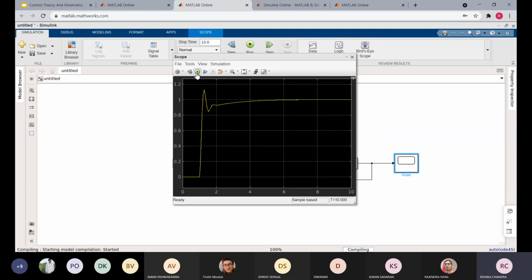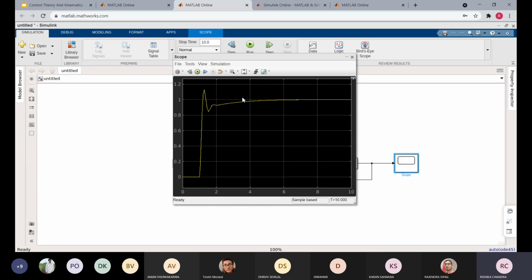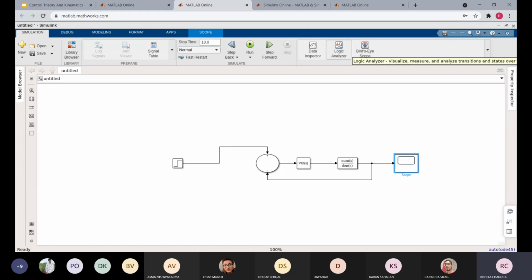Run, refresh it. Again, there's no significant change, so we'll have to adjust it. So this is basically the tuning of PID. I'll not tell you right now, you have to do it on your own. I'll give you some homework. You'll have to tune it.